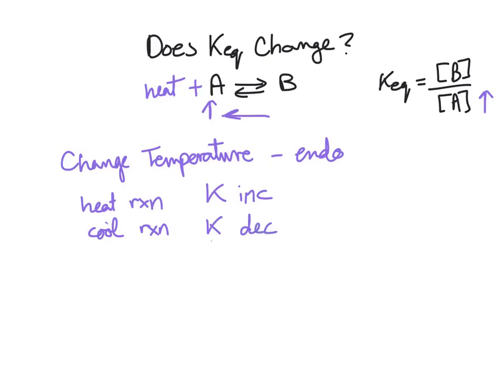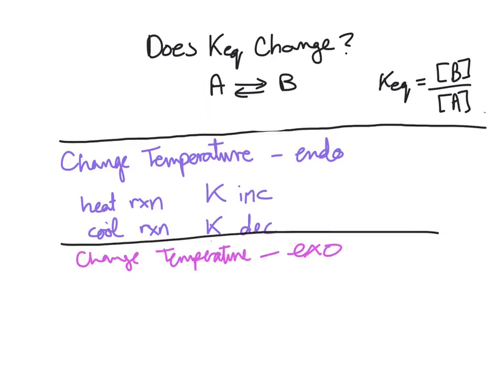Now, let's look at what if it's exothermic. Remember, in an exothermic reaction heat is released, so heat is considered as being produced, and it goes on the product side. What if I heat my reaction? I increase the temperature. Now I have too much heat and I need to get rid of it.